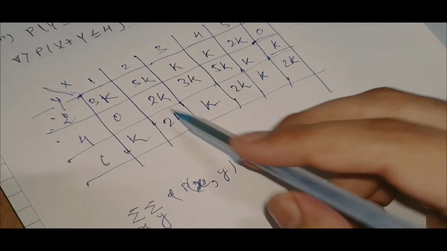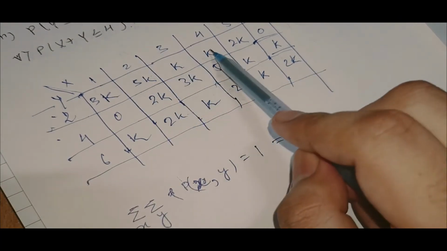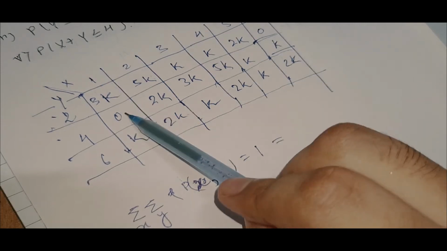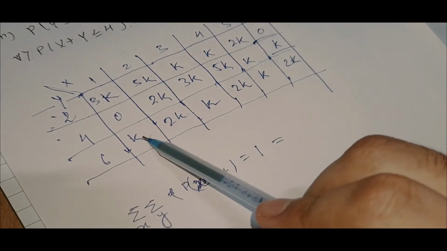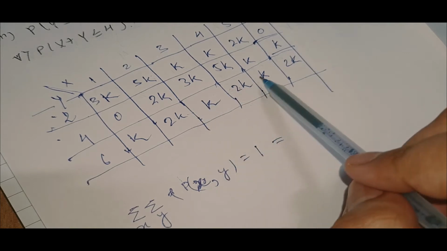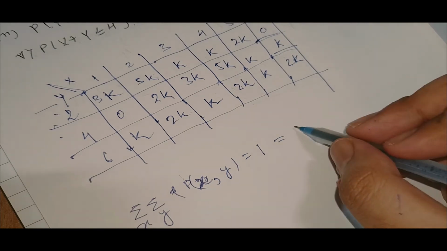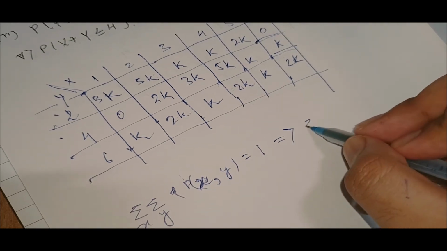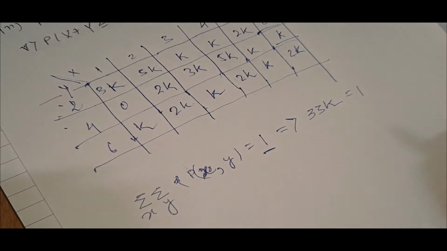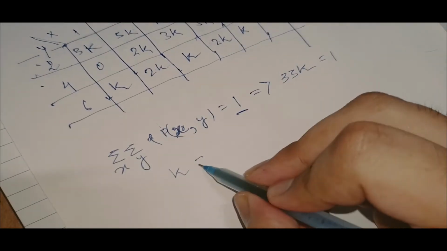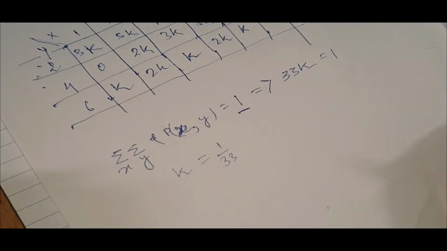So add all these values: 3 plus 5 plus 1 plus 1 plus 2 plus 0 plus 0 plus 2 plus 3 plus 5 plus 1 plus 1 plus 1 plus 2 plus 1 plus 2 plus 1 plus 2. All these values would be 33k, and that would be equal to 1. So k is equal to 1 by 33.